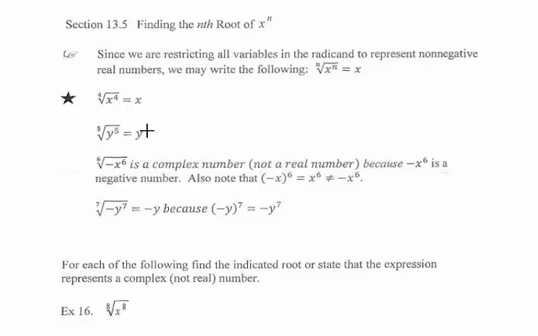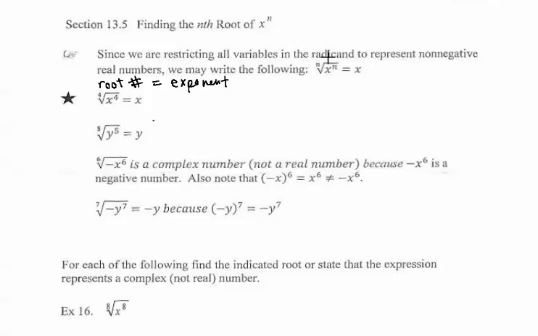Okay, in this next part, if you pick up on, I guess you could call it a pattern, here you see the root or index number equals the exponent of the variable inside.